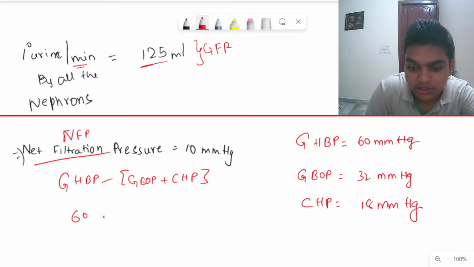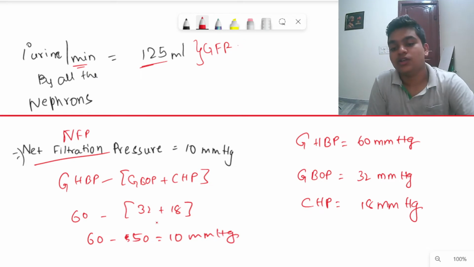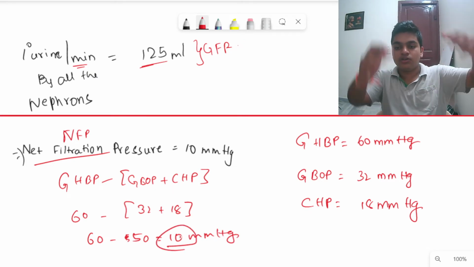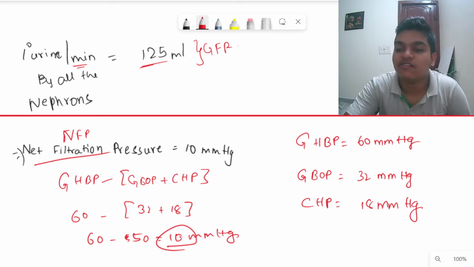This is your 60 minus 32 plus 18, 60 minus 50. This results in 10 mm of Hg. So this is how, with this 10 mm of Hg pressure, the urine passes through different parts of the nephron.